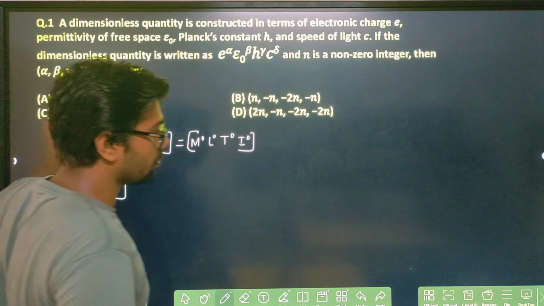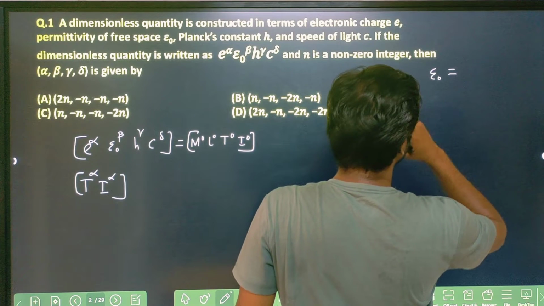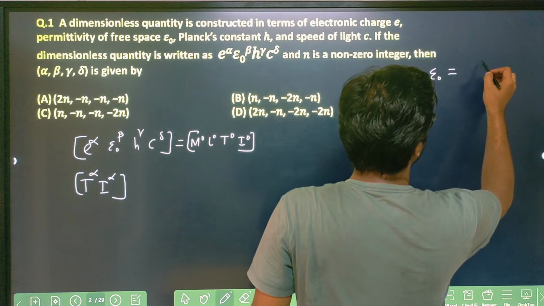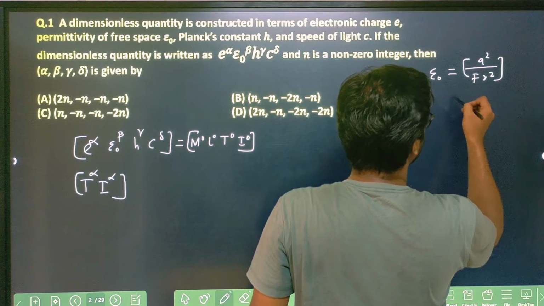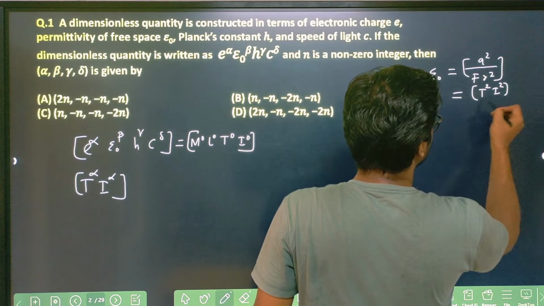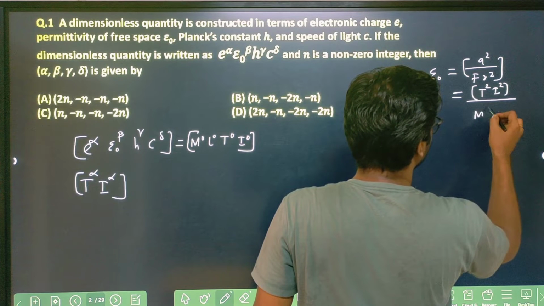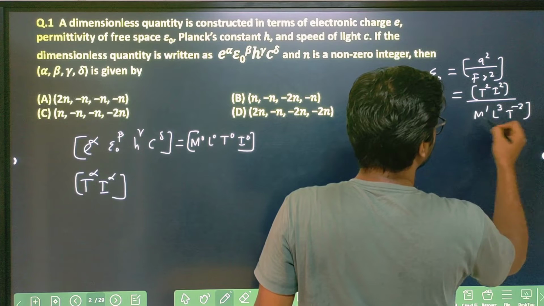Epsilon naught, you can find the dimension for epsilon naught. You will say that it is q squared divided by F r squared dimension. So this will be T I squared, divided by F which is M1 L1 T to the power minus 2, and r squared which is L2.